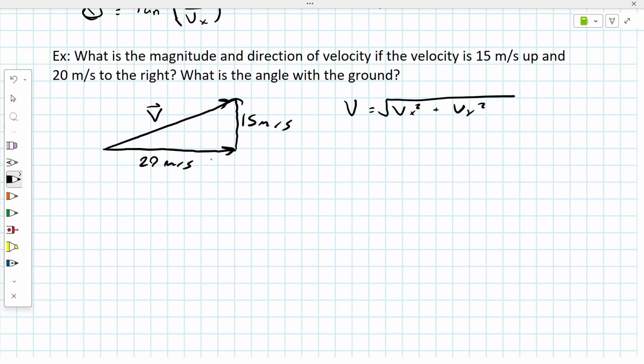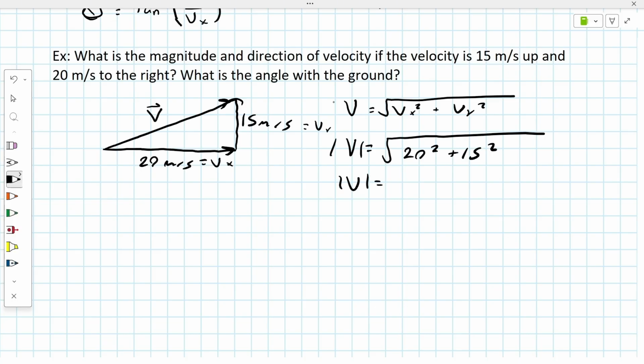So this equals the vx, and this equals the vy. So we can just plug in these values here and get v equals the square root of 20 squared plus 15 squared, so that our magnitude of v, and sometimes when we're writing magnitude of a vector, we will draw these bars on the outside, will be 25 meters per second.